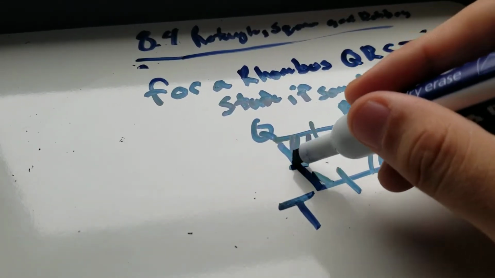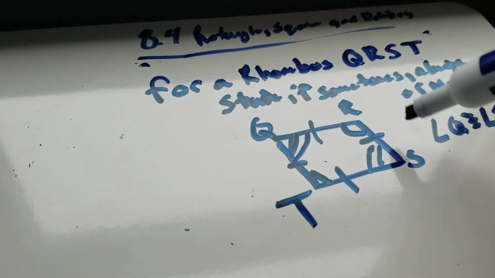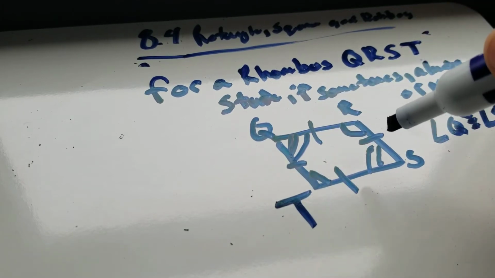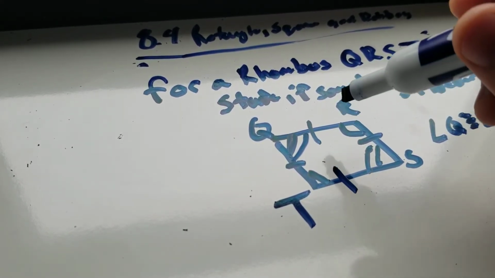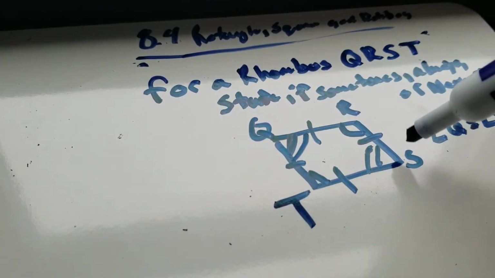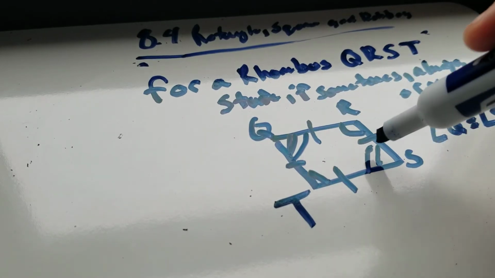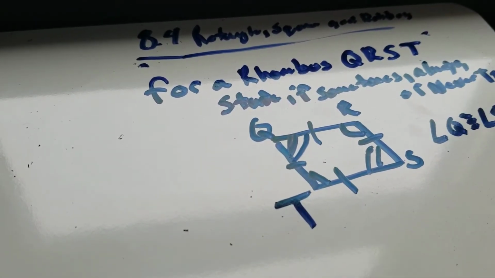Okay, by definition, this is a parallelogram. Rhombuses are parallelograms, rectangles are parallelograms, and squares are parallelograms. So you need to refer back to your parallelogram facts. You know by definition, Q and S are opposite angles, and in any parallelogram, the opposite angles are congruent.